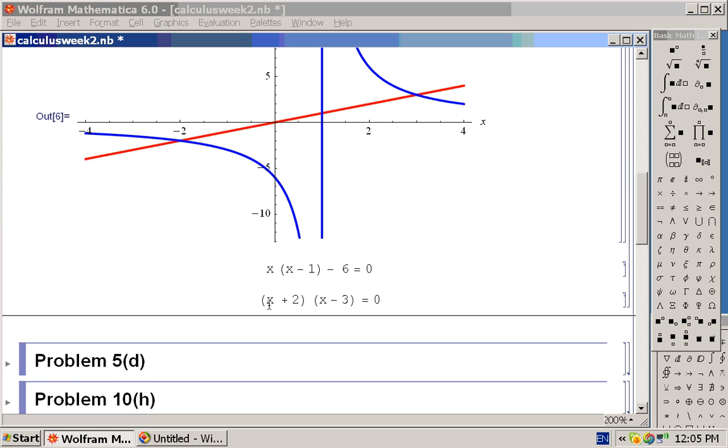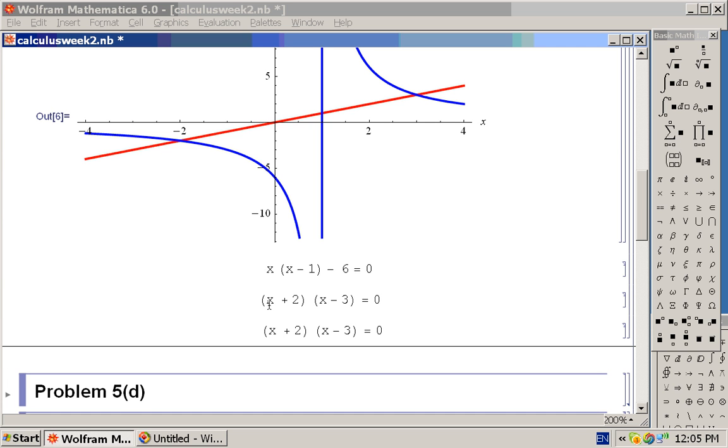So the inequality is satisfied. So let's write that here.